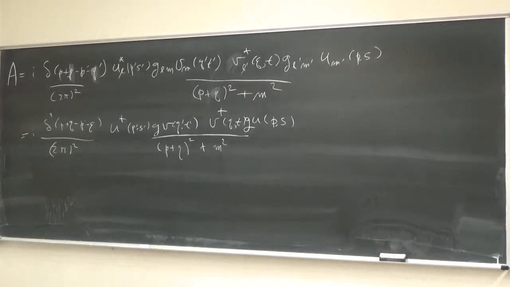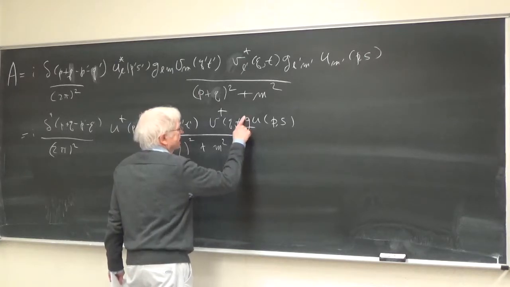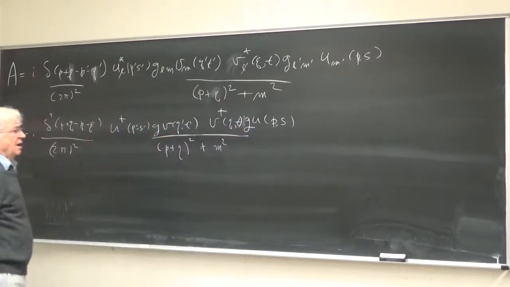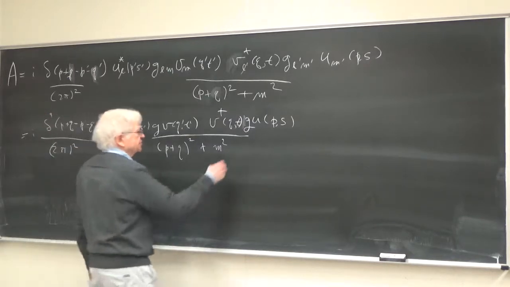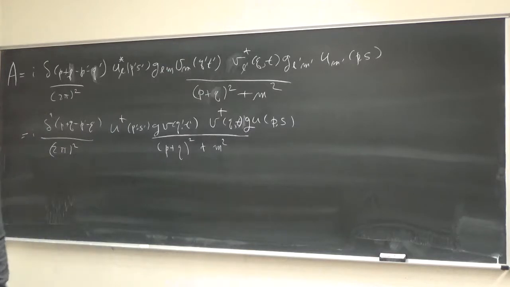But if you don't have an integration, then you don't need an iε rule. So in tree diagrams, you're left with an iε and no more integration, so you drop the iε.